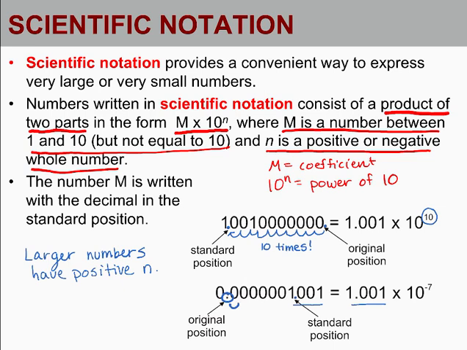So we need to move it 1, 2, 3, 4, 5, 6, 7 times in order to get to the standard position for scientific notation. And you'll notice that the exponent here is -7. So smaller numbers have negative values of n.